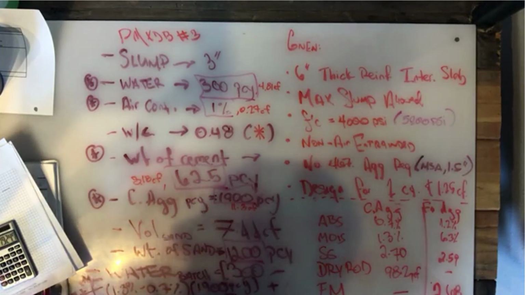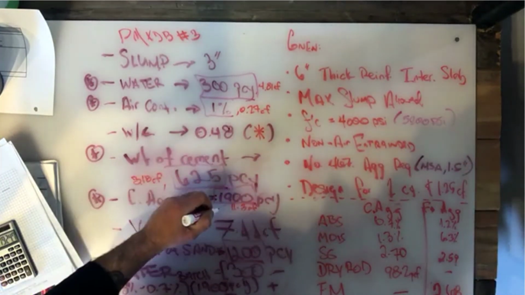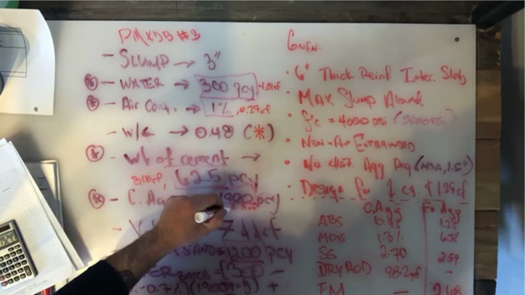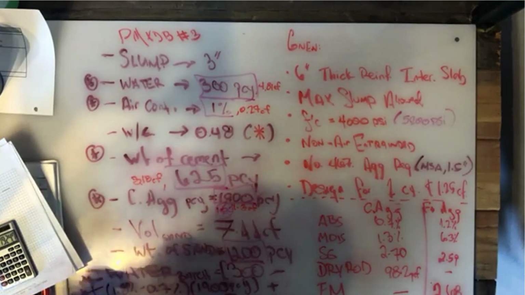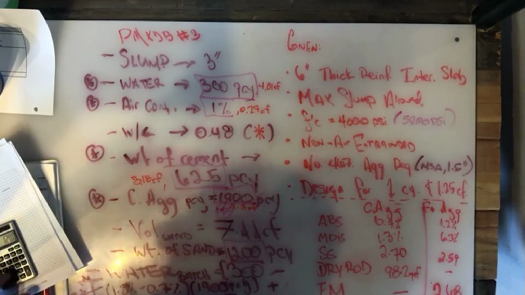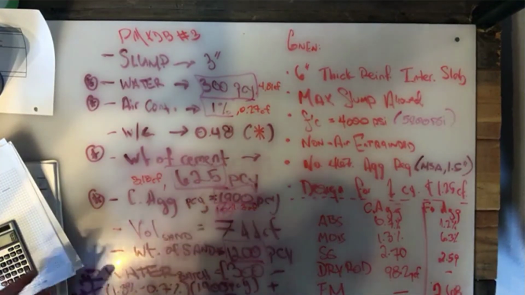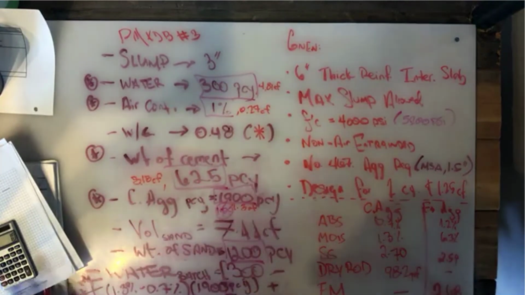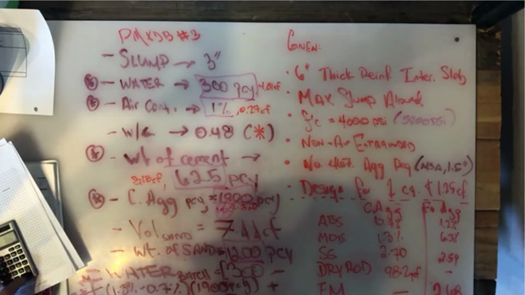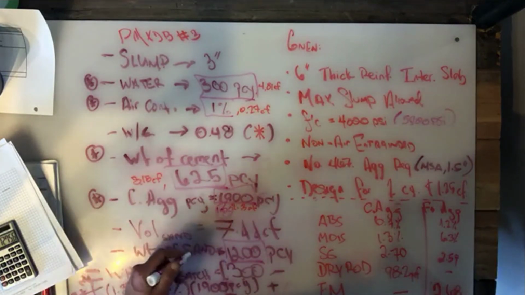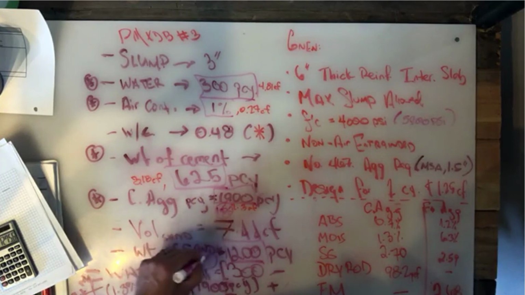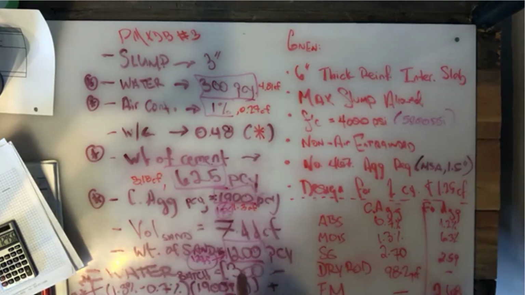So this would actually be 1,925 pounds with our moisture content, and our sand would be 1,200 times, and our moisture was 6.3%, 1.063. So this should actually be 1,275 pounds per cubic yard with the moisture. And of course, we're taking that moisture out of our design water.